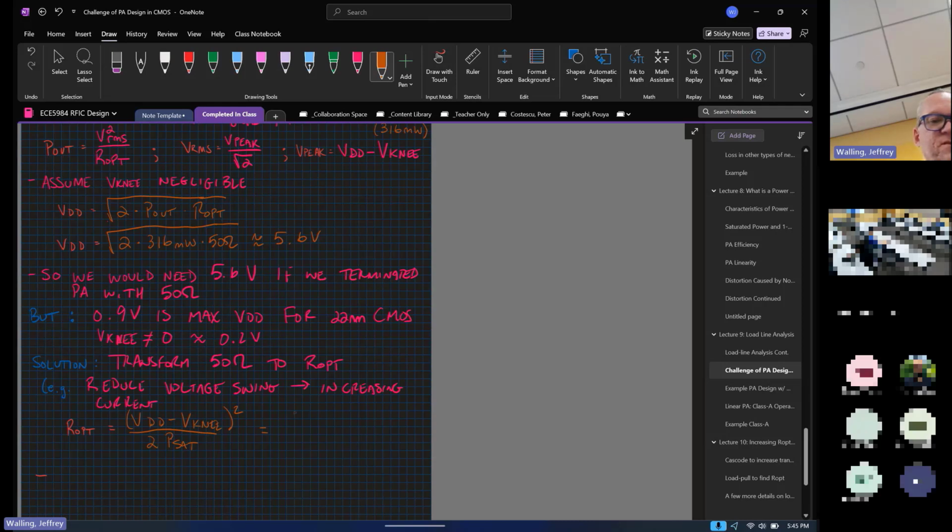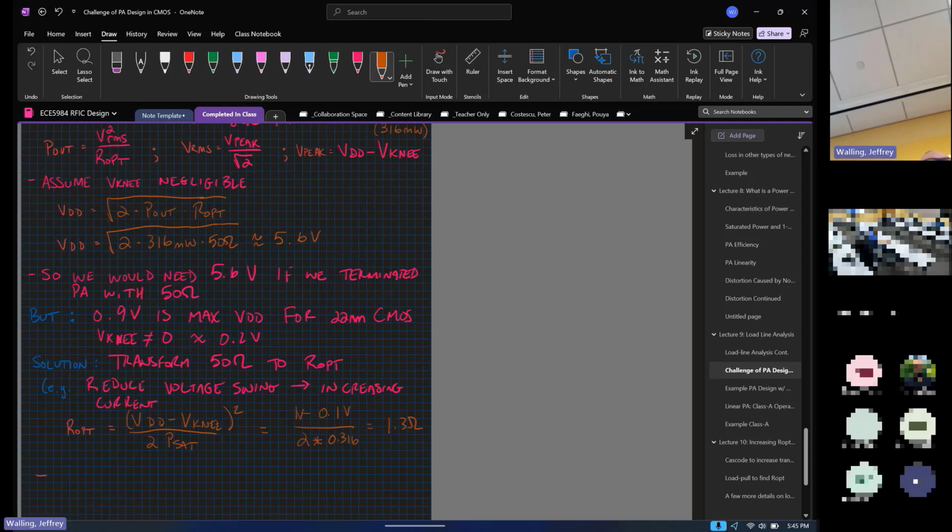So if we say our supply voltage is 1 volt, minus 0.1 volt, squared, over 2 times 0.316, our power in watts, this is equal to 1.3 ohms.